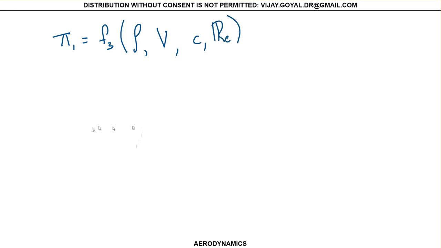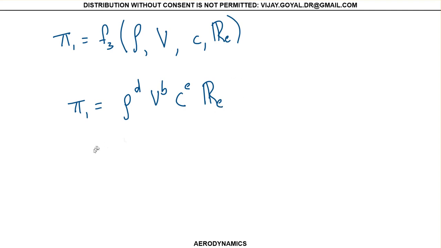So pi is going to equal rho to the d, V to the b, c to the e, and then we have the Reynolds number. Remember, this is already a non-dimensional quantity, so we don't have to put another variable on top of that.